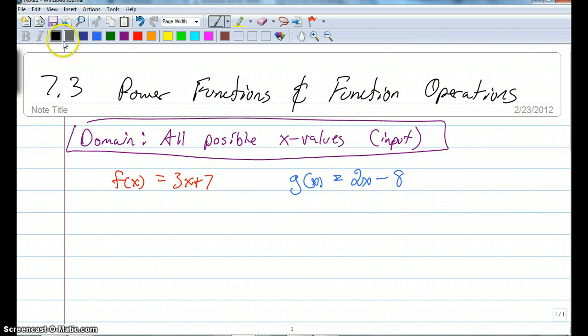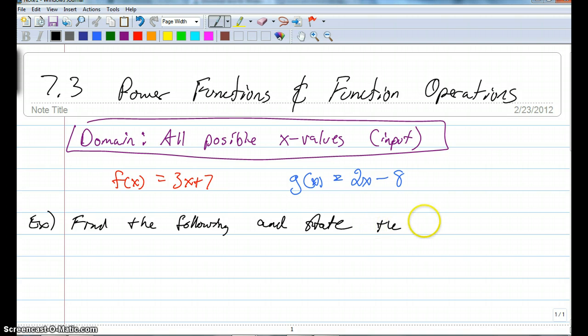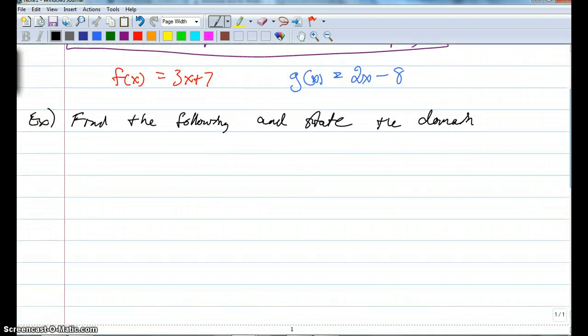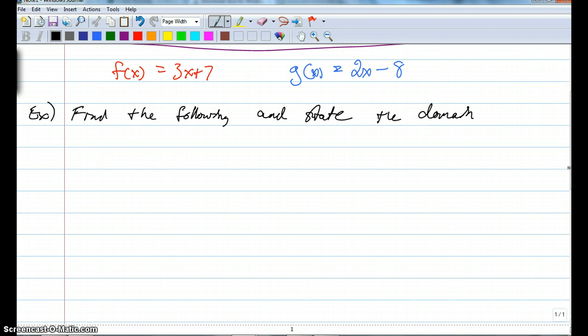Now, for these examples, and there's going to be a bunch of examples, what I want you to do is find the following and state the domain, given this f of x and given this g of x.